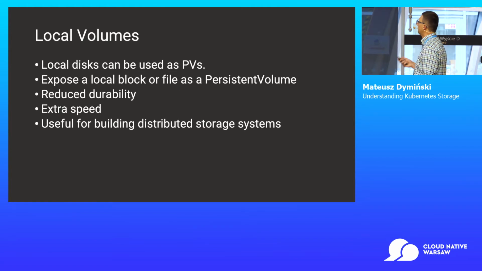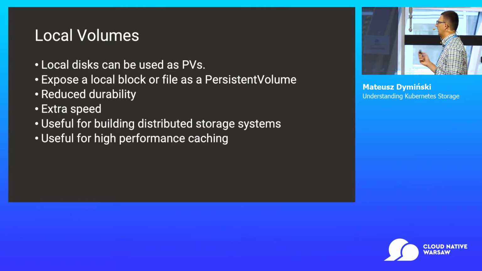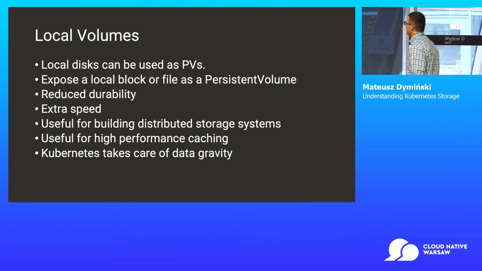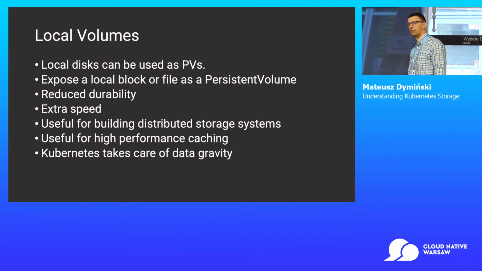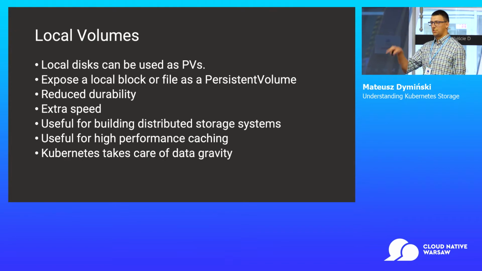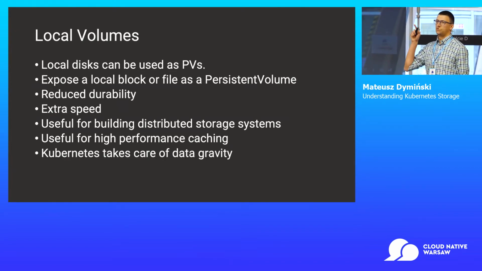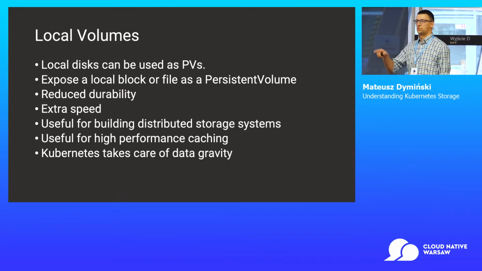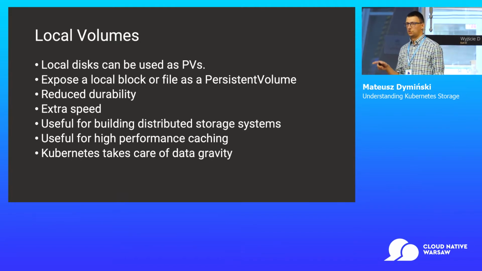It's useful for building distributed storage systems like Kafka, Cassandra, and others, and also for high performance caching. And Kubernetes takes care of data gravity. So if your pod goes down, Kubernetes knows that this pod was running on this particular VM and is going to reschedule it on the same VM. That's how it works.